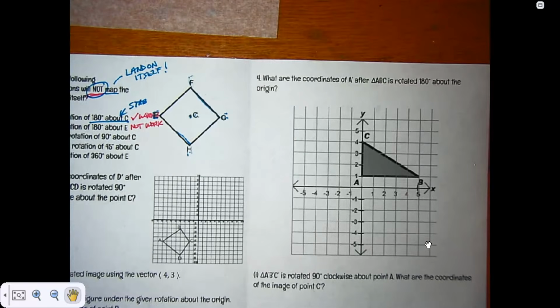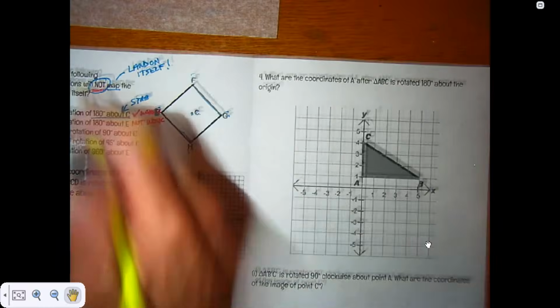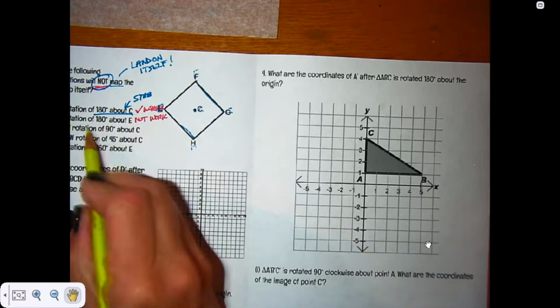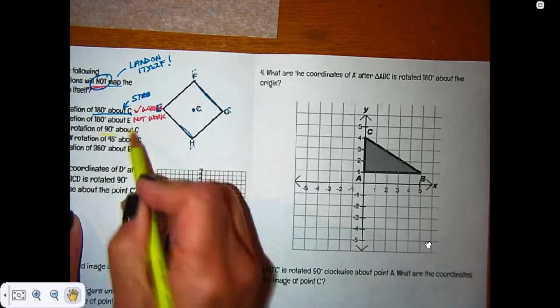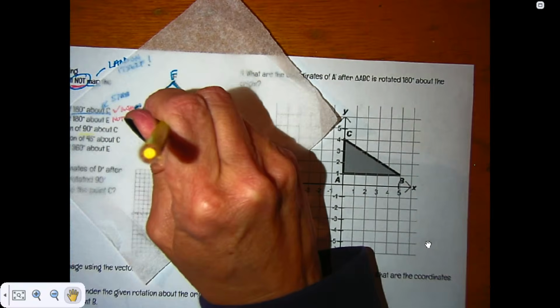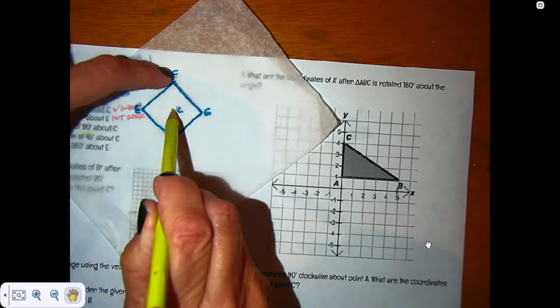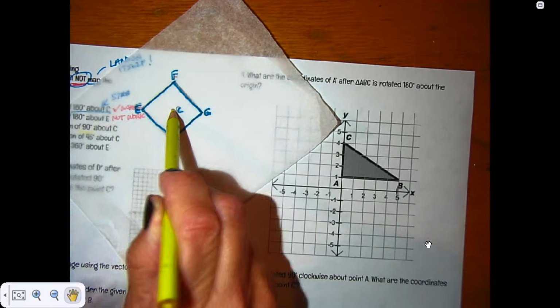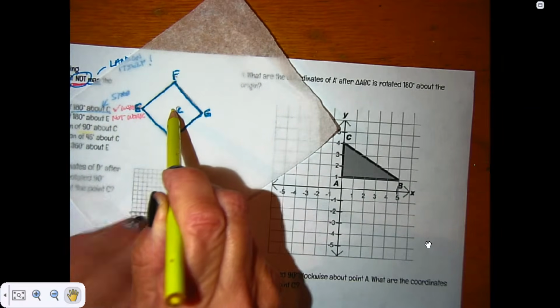What does CW stand for? CW is clockwise, rotation 90 degrees about C. So let's put that back on here. Let's hold it on C. I'm going to go 90 degrees, which means my F up on the top is going to have to come over to the G spot. That's clockwise, the way the clock goes.